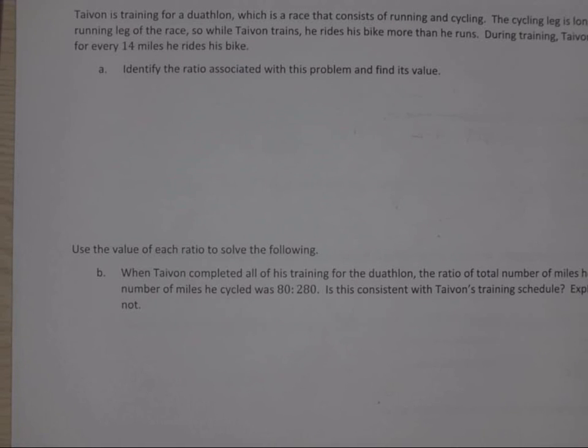While Tavon trains, he rides his bike more than he runs. During training, Tavon runs 4 miles for every 14 miles he rides his bike. Part A says identify the ratio associated with this problem and find its value. So turn and talk with your partner. Find the ratio and the value of the ratio.